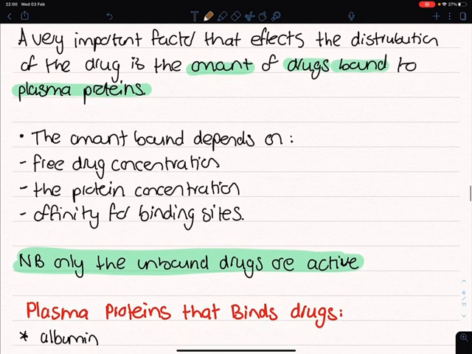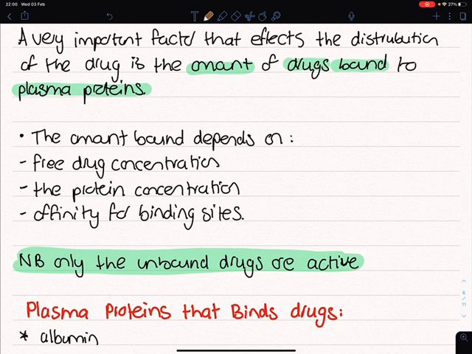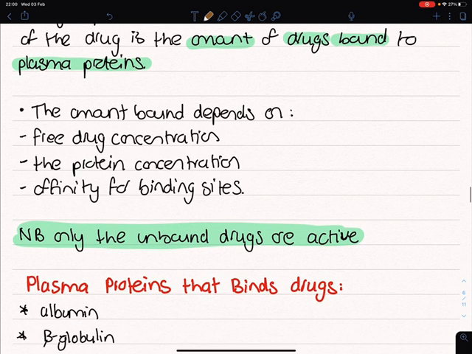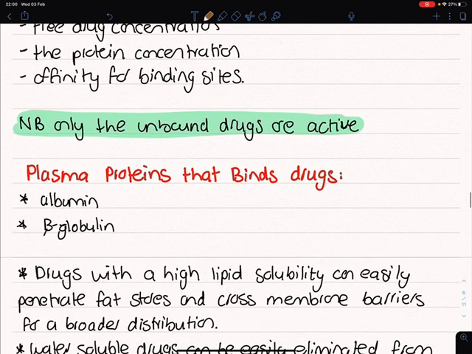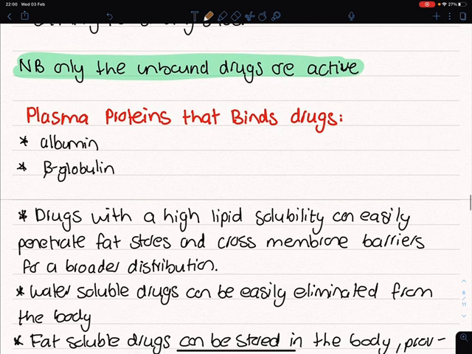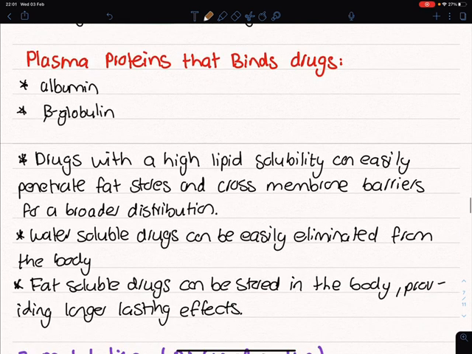The amount of drug bound to a protein will be affected by 3 factors: 1 is the protein concentration, 2 is the drug concentration, and 3 is the affinity to the binding sites. This will have the most effect on the amount of drug bound to plasma proteins. And 2 plasma proteins that bind drugs are albumin and beta globulin.